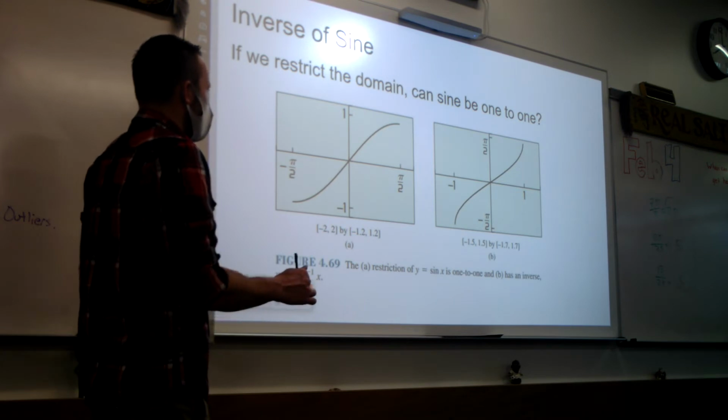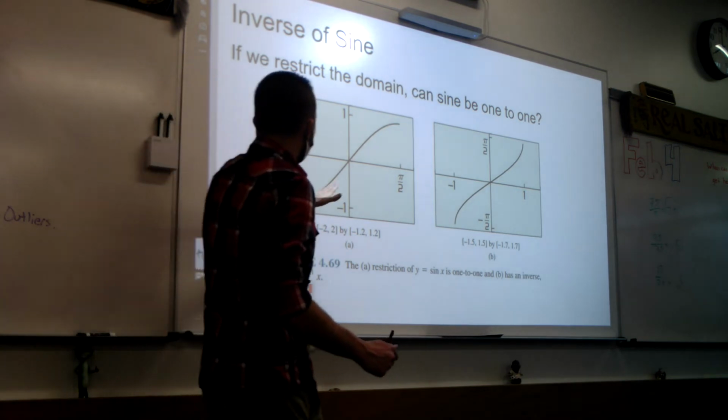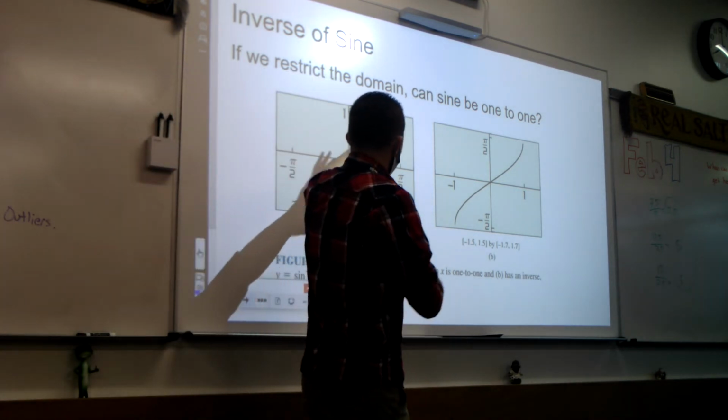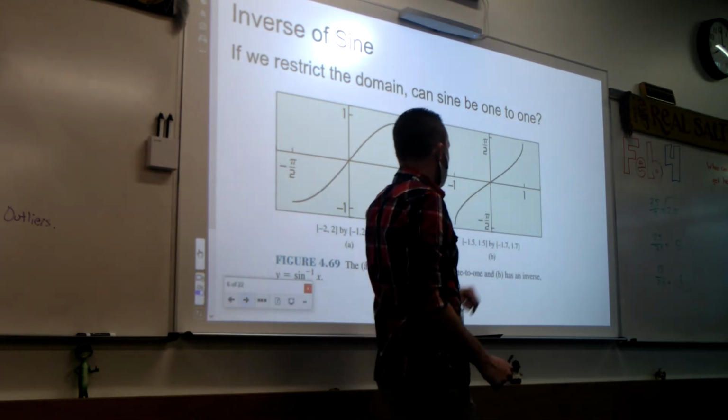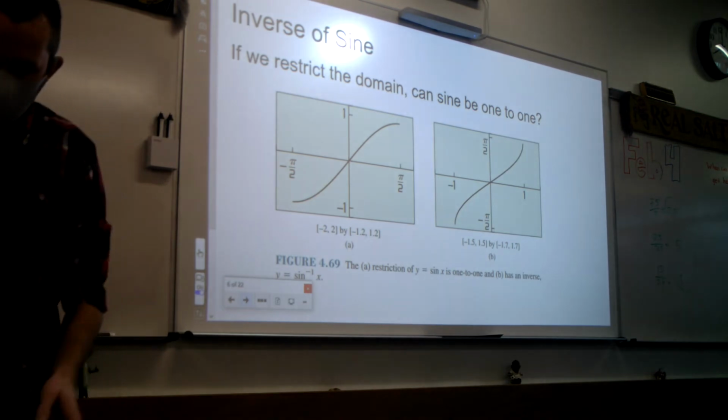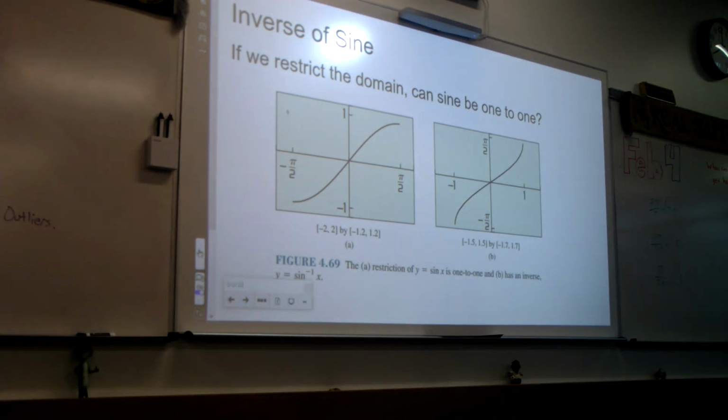And what we're going to do is switch all of these x and y values. So this is plain old sine, and then if I switch all the x and y's, this is its inverse. So this is sine of theta, and this is the inverse of sine, sometimes called arc sine.